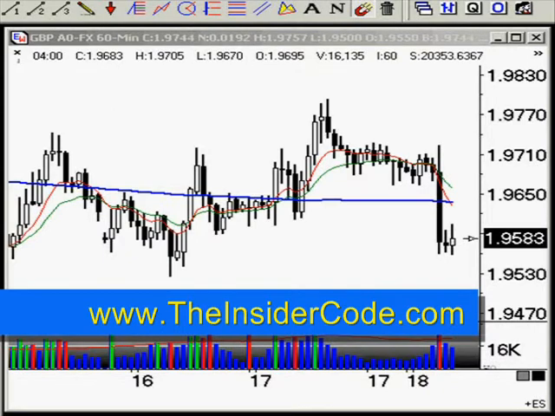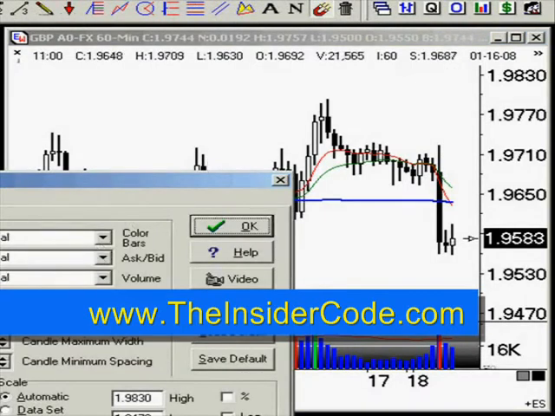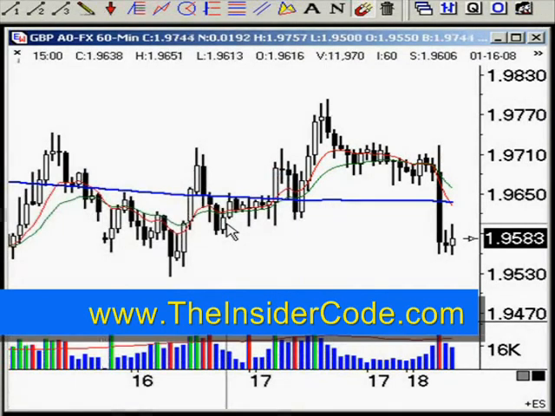Some charting platforms will actually make a point and figure chart. Let me see if Ensign will. I kind of forget, they've got so much stuff in here. No, they don't. Okay, I thought they might.